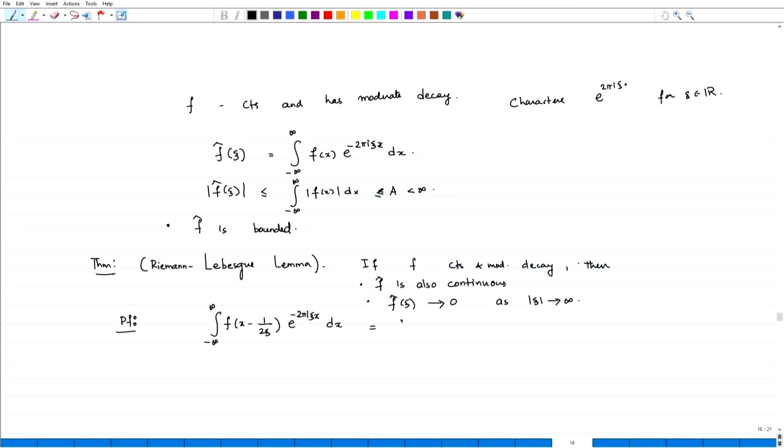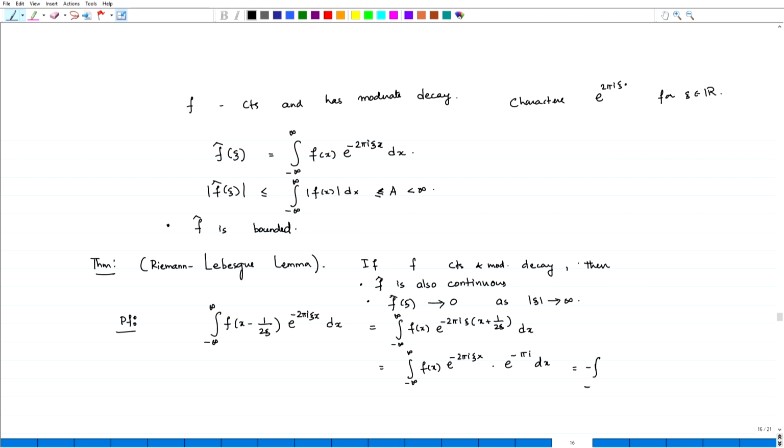Now, if I make a change of variable as we have seen earlier, this is f of x and then e to the power minus 2 pi i ξ, and this becomes x plus 1 by 2 ξ, dx. This is equal to the integral from minus infinity to infinity of f of x e to the power minus 2 pi i ξ x into e to the power minus pi i dx. The 1 by 2 ξ will get cancelled, and e to the power minus pi i is negative 1.